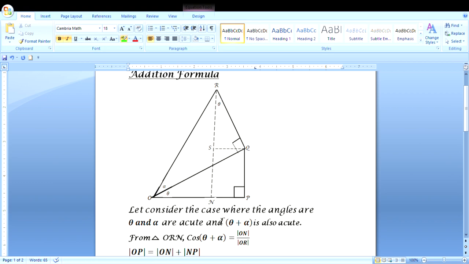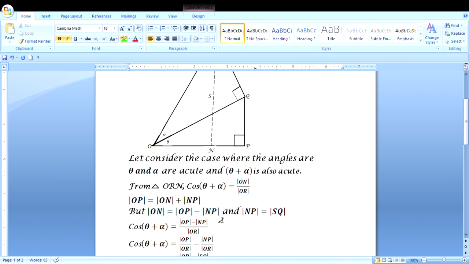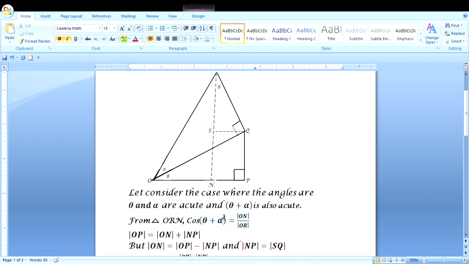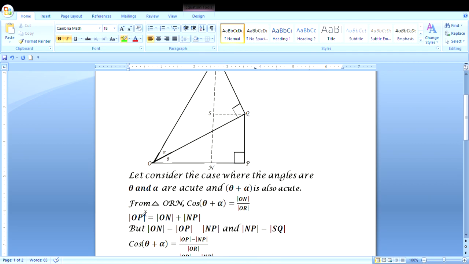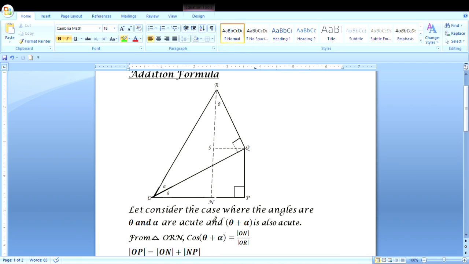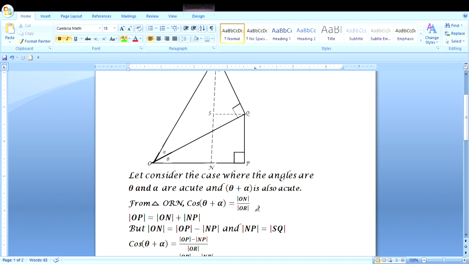Now let's look at what formula connects cos. Looking at the triangle ORN, here theta plus alpha is the angle involved. It means that RN is the opposite, ON is the adjacent. So cos is adjacent over hypotenuse.